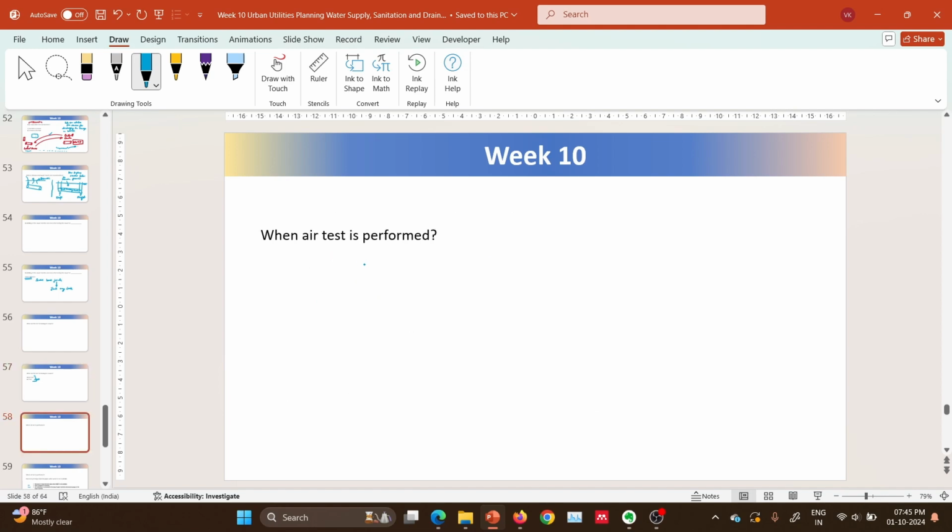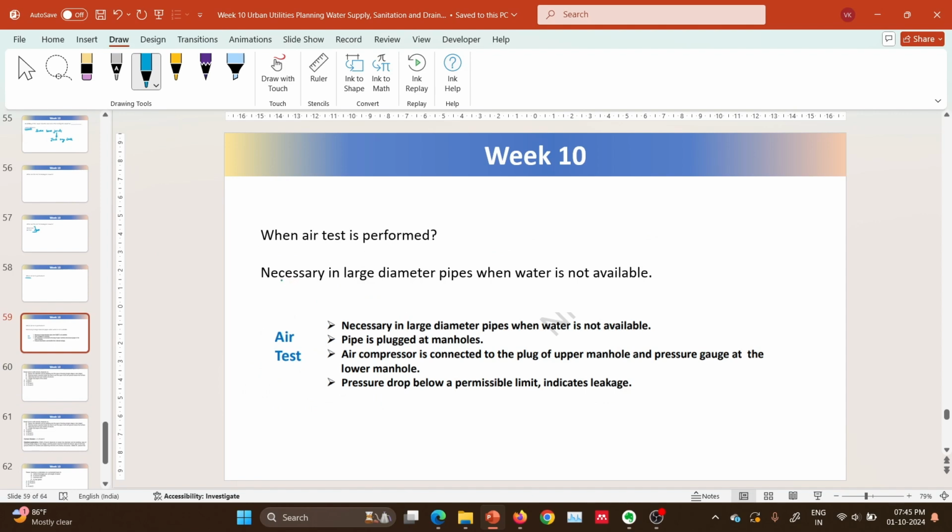The air test is performed for large diameter pipes, when the diameter of the sewer is large and the availability of water is less.